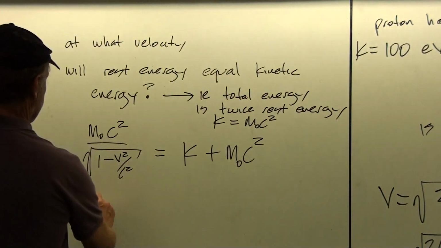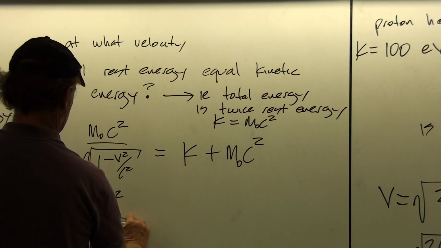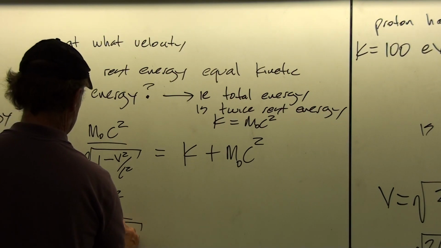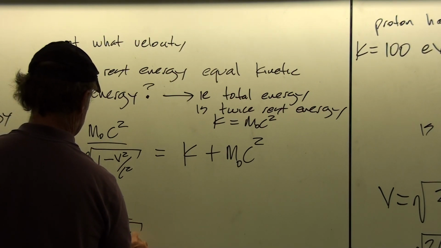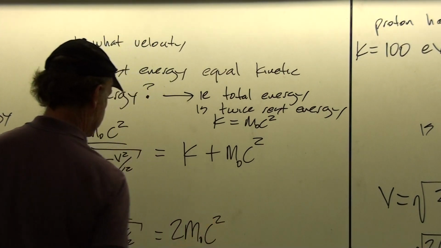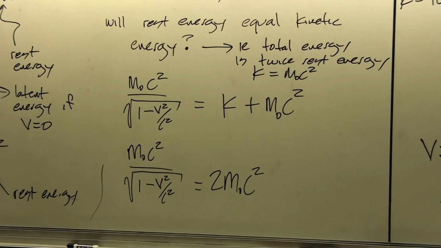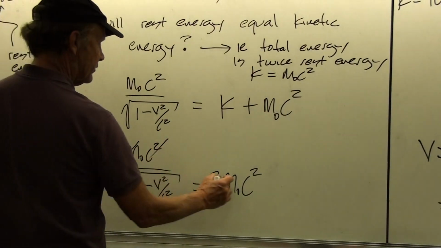All right, so let's do that here. M naught c squared divided by square root of 1 minus v squared over c squared equals 2 m naught c squared. And so then I can cancel out the m naught c squareds.